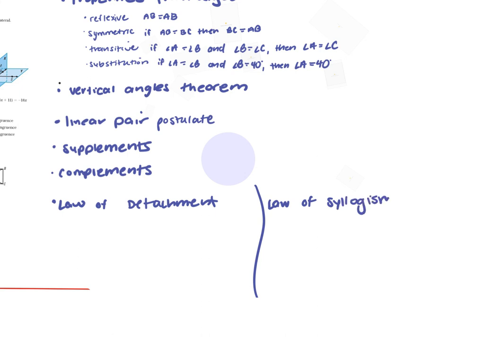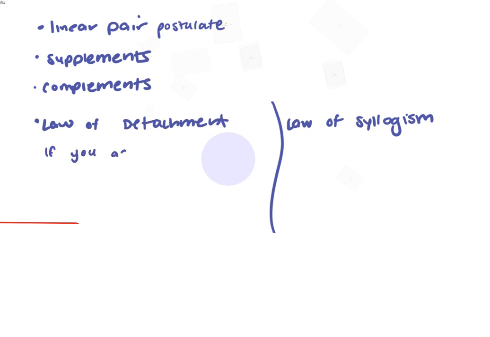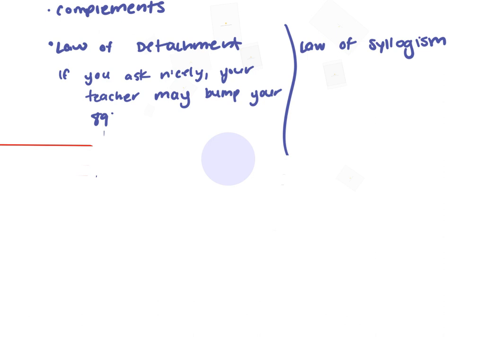So law of detachment: if you ask nicely, your teacher may bump your 89. Okay, so if that's your if-then statement, then for the law of detachment, you only have the if occur again.